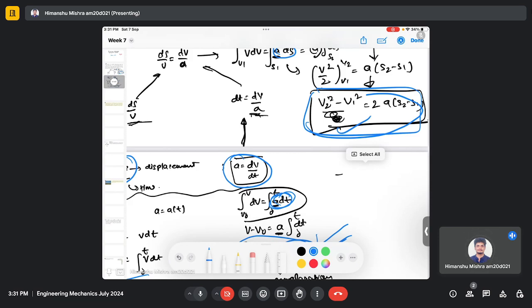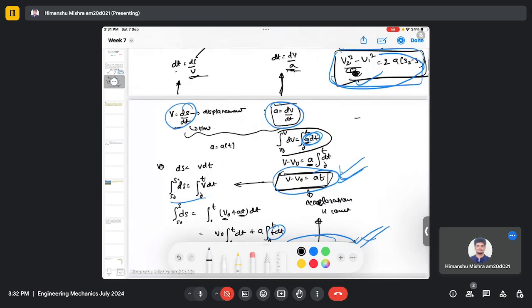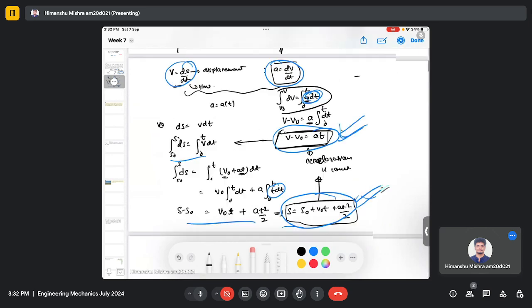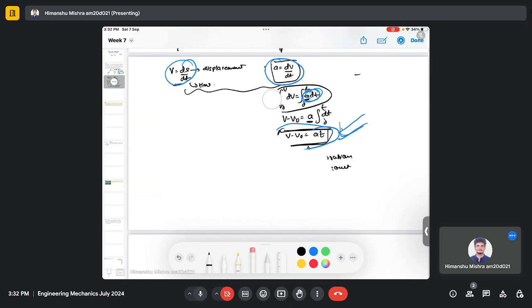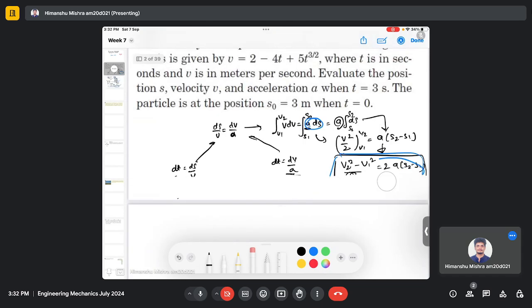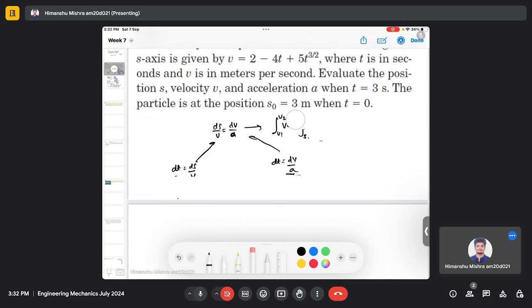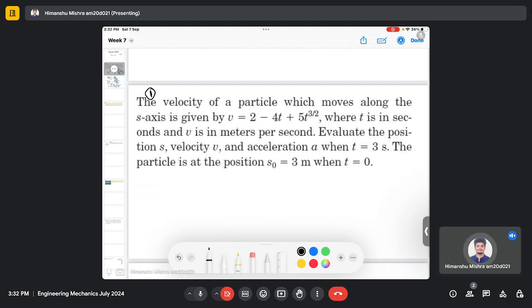So mostly we will try to solve problems where the acceleration is variable and not constant. So we will start from a very easy problem.